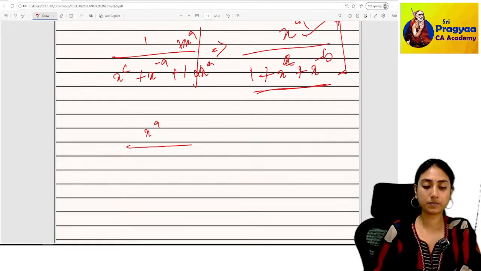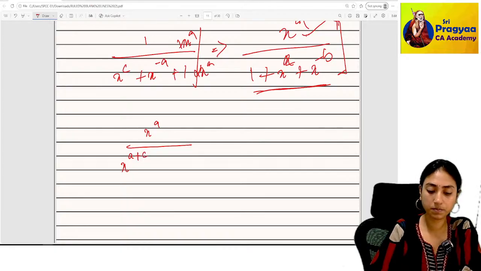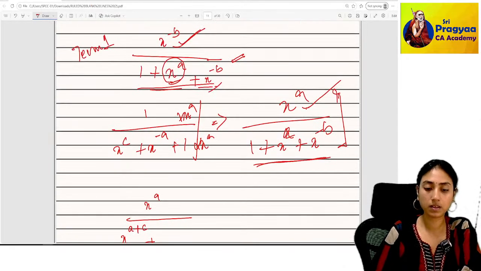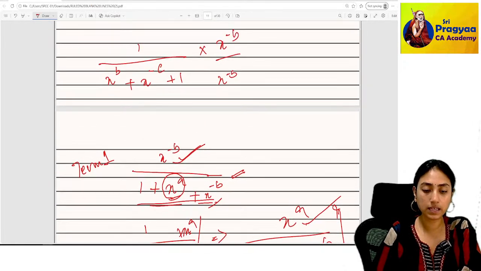x bar, see, first term. First term என்ன வரும்? இதுதானே first term. Second term, minus ஏ வராதே.